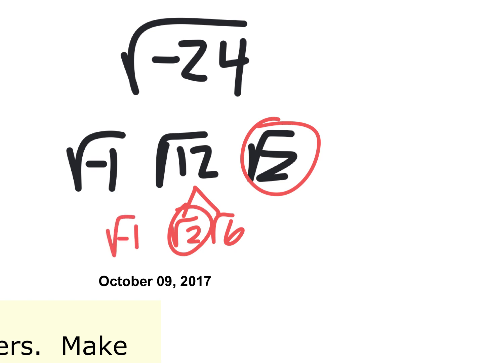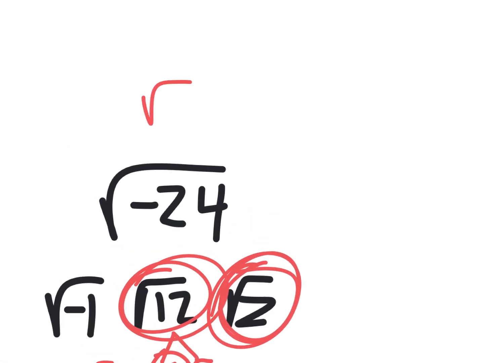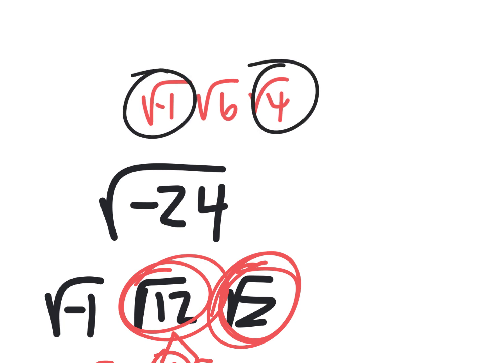But I think it's easier to just start over and go, neither one of these is perfect, I'm going to pick something else. It's just a little faster to go root -1 and root 6 and root 4, because that one's perfect right out the gate. 2i root 6. Okay.